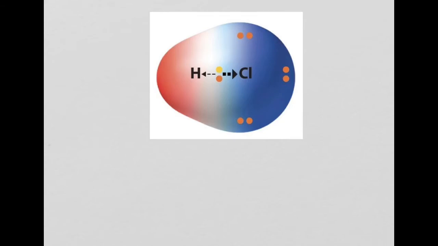Chlorine still has 3.16. So I do 2.20 minus 3.16, and remember I'm always only looking at the absolute value, because this difference in electronegativity isn't really negative or positive, it's just a number in a direction, and the direction is toward chlorine because it's the more electronegative of the two atoms in this bond. Because I have anything other than 0, this is going to be a polar covalent bond.